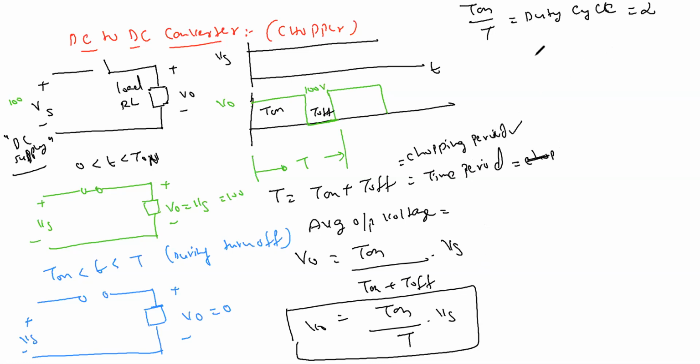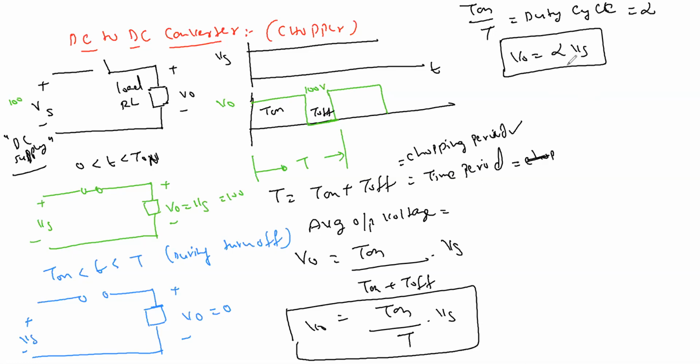So V0 becomes alpha Vs. So by controlling the chopping duty cycle alpha, we can control the output voltage.